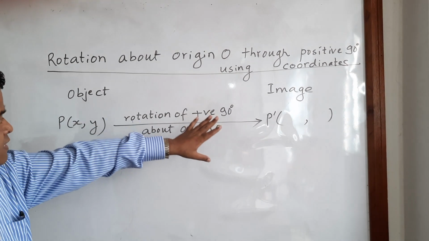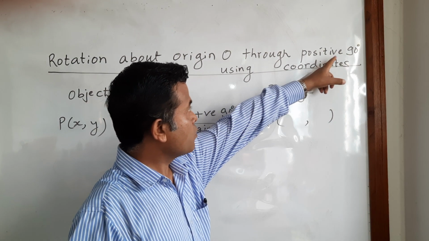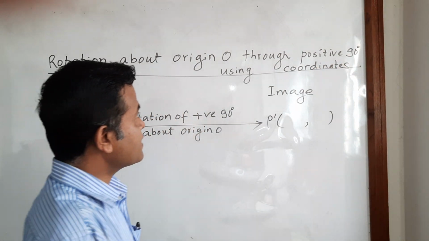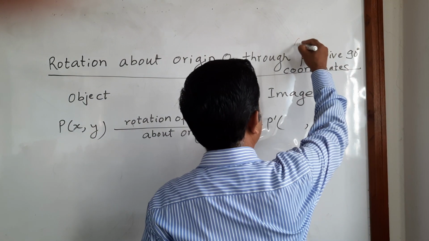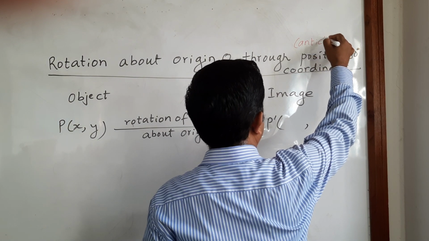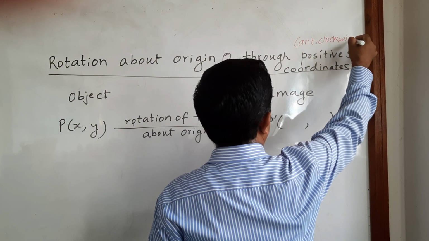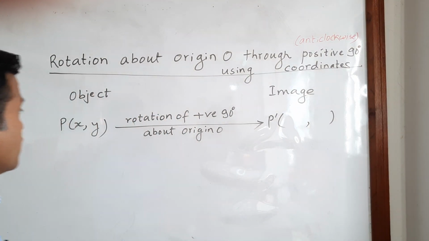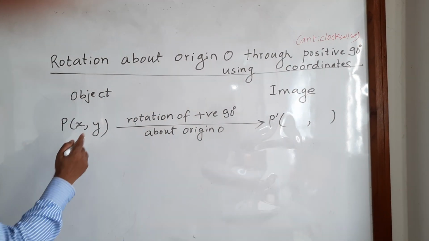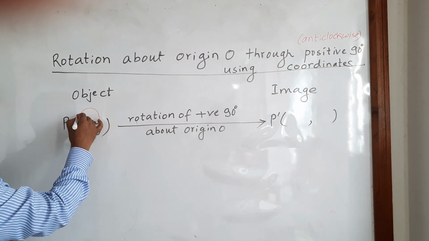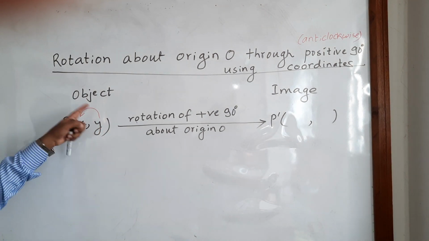So as it is the anti-clockwise rotation, positive means it is anti-clockwise rotation. So imagine rotation of this y in anti-clockwise direction.